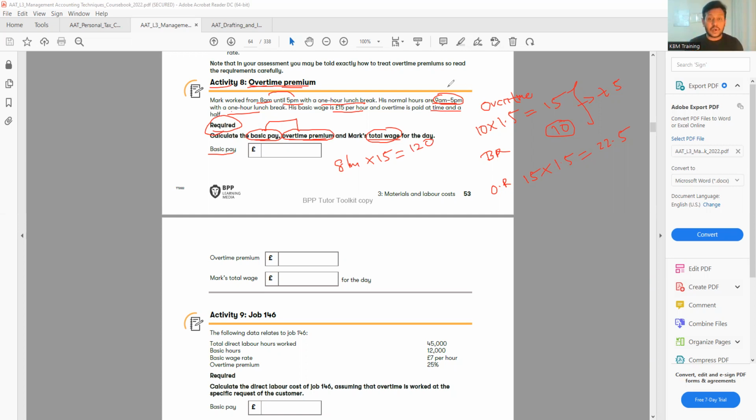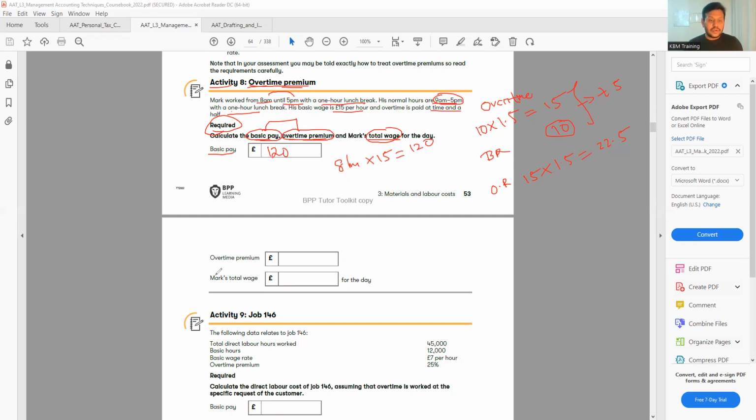So however many hours you work, it is your basic payment. Basic payment is £15 per hour. If I work 10 hours, 20 hours, I have to multiply with that. If I'm getting anything extra because I work on the premium rate, that will be the premium. Be very careful with that. Now this is my basic payment, that is 120.